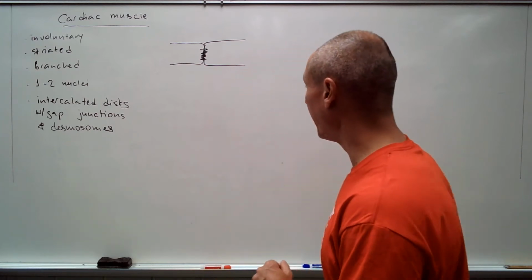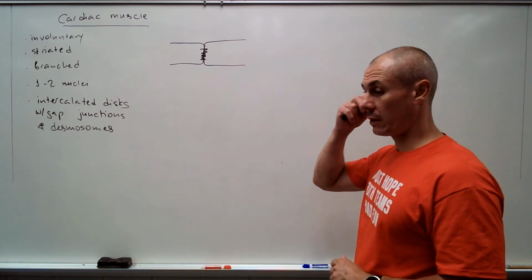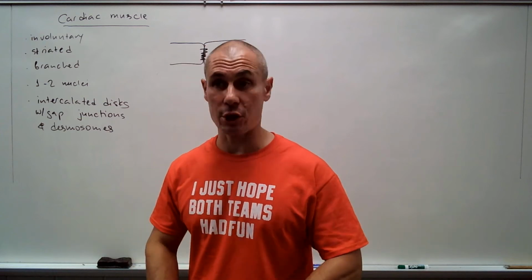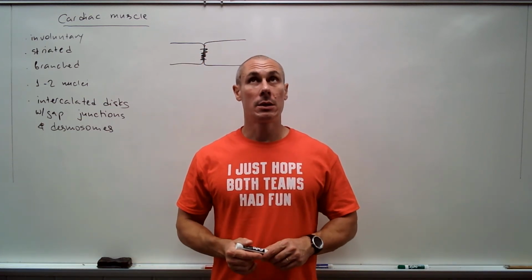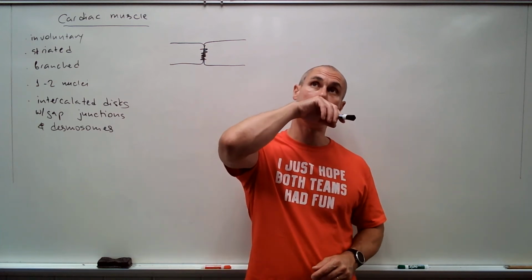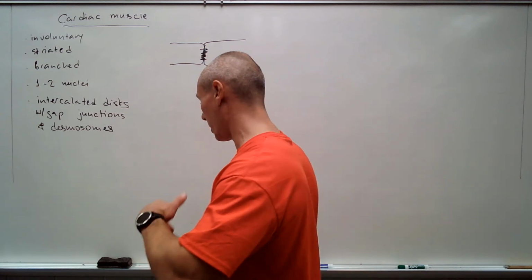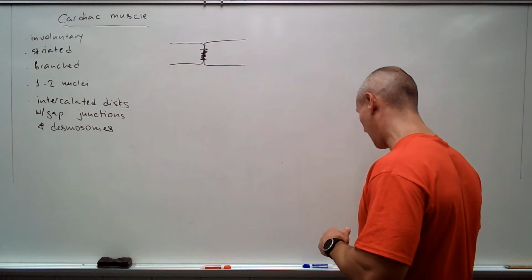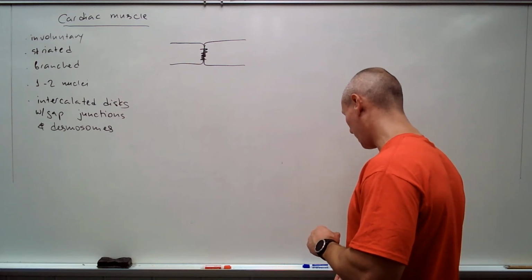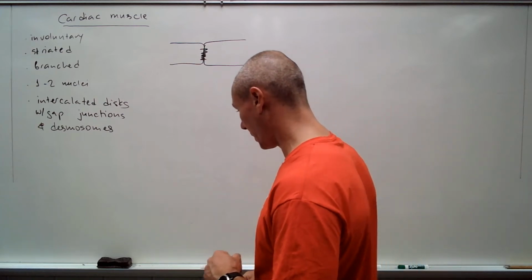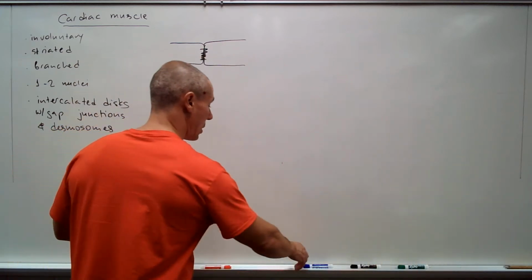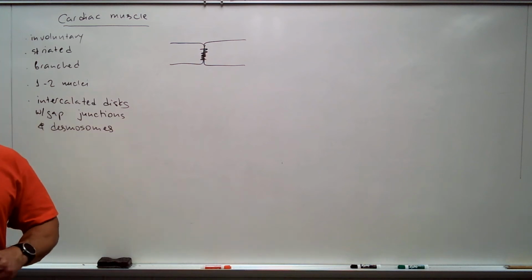Okay. Now, we got this. What is the mechanism of contraction? We're going to talk about mechanism of contraction and then the action potential separately. Yeah, I think it would be better. So this is what happens.